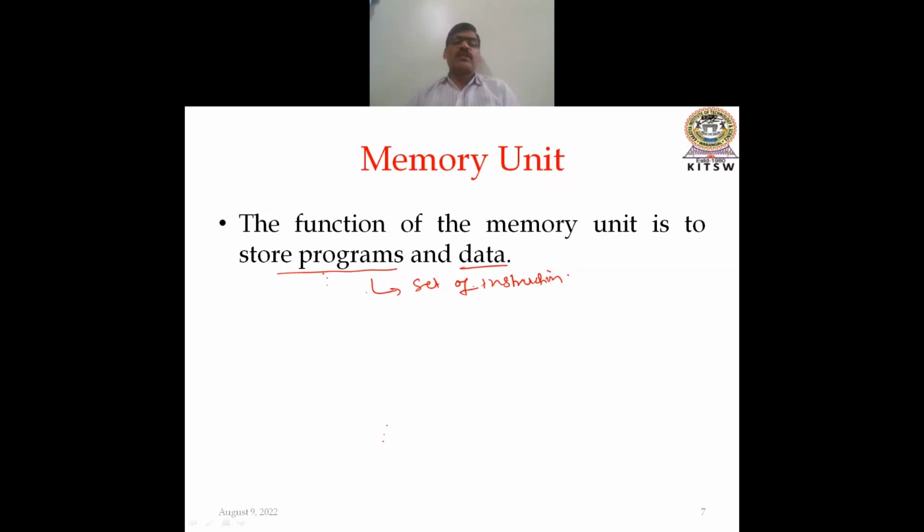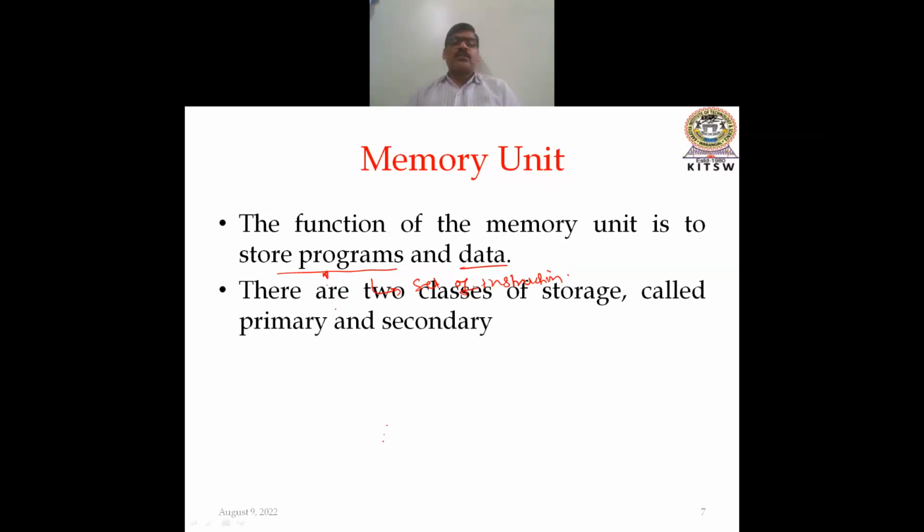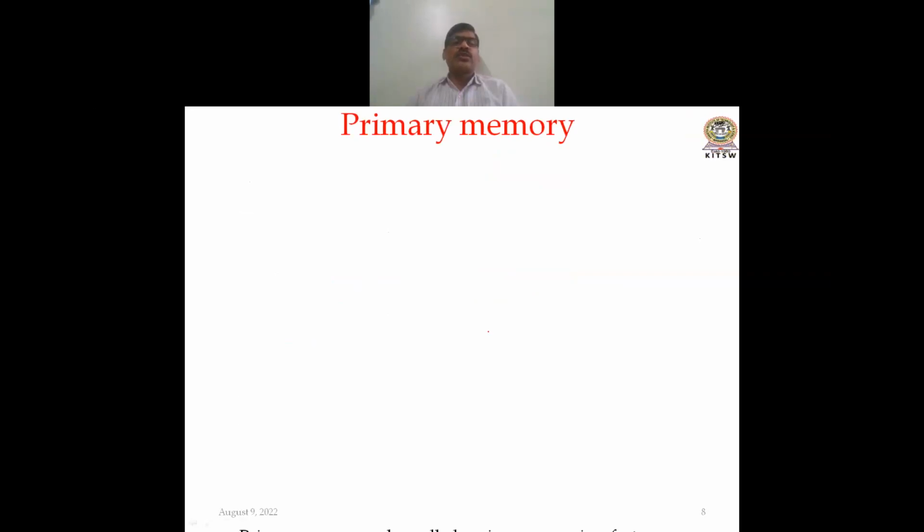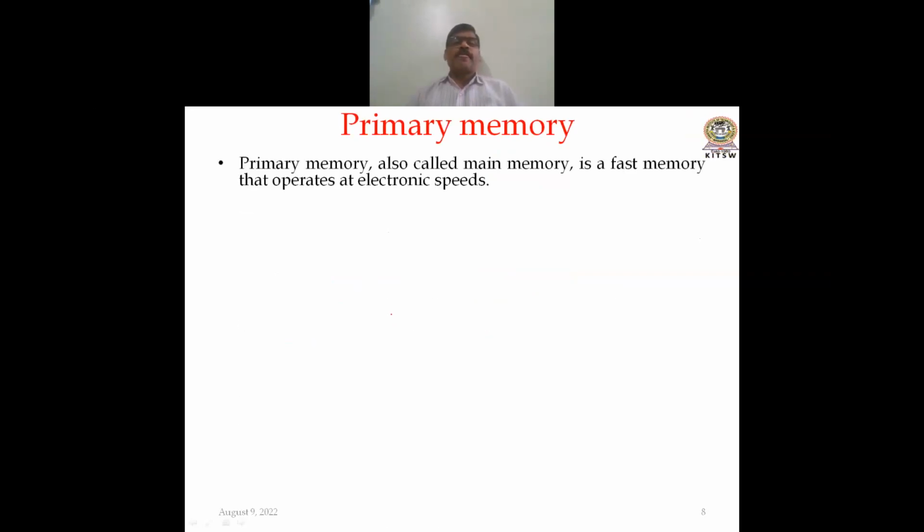That is what we call a program. There are two classes of storage, generally called primary storage and secondary storage. The primary storage is the main memory, and we have different types of secondary storage.